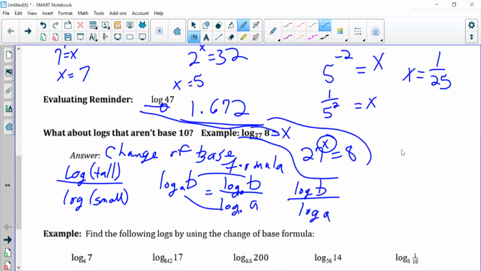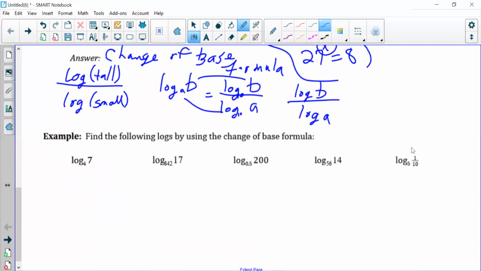So let's practice a few of these. All right, so log base 4 of 7. So log of the tall, that's the 7, over log of the small, which is 4. And we plug this into our calculator. Judicious use of parentheses is probably appreciated here.